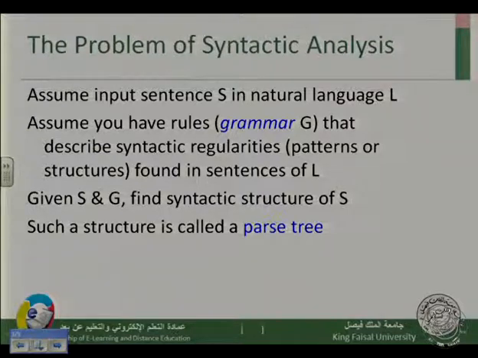How do we divide the sentence? Through what is called a parsing tree. Parse is in Arabic al-i'rab, but in computation linguistics, it's very important. You have all of these sets of codes for the computer, so the computer would understand them.